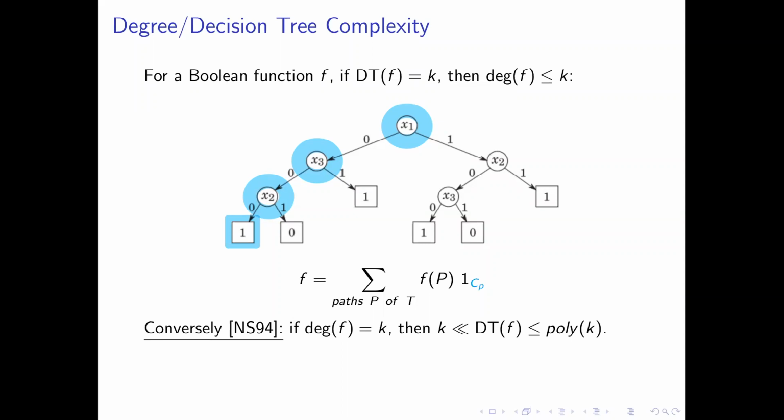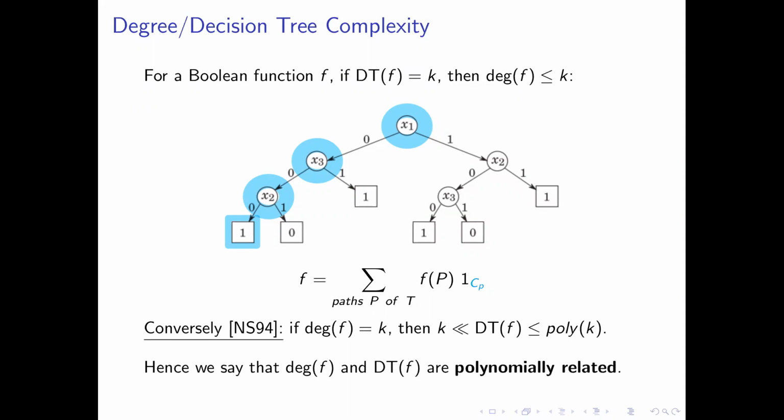So this is saying that these decision problems that have low spectral complexity also have, in some sense, low algorithmic complexity, which is very cool, I think. Okay, and so in this situation, we say that these two are polynomially related.